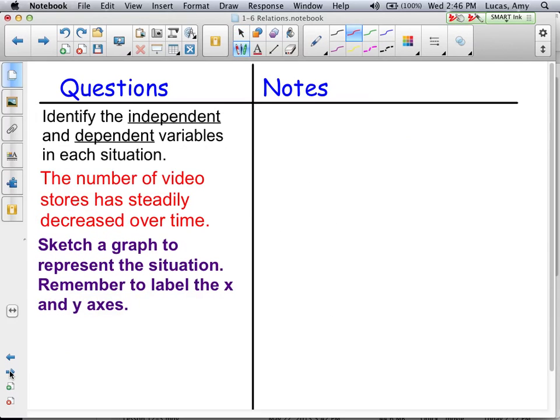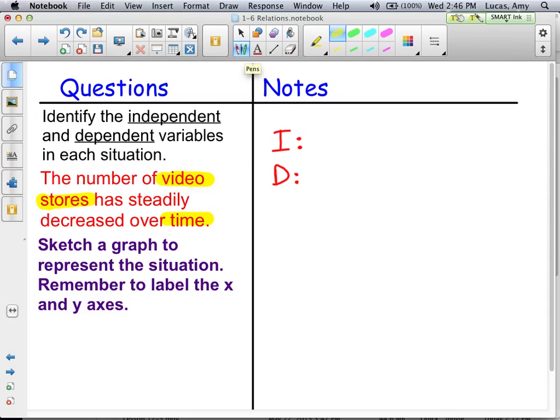Next situation. Identify the independent and dependent variables again. The number of video stores has steadily decreased over time. The two things that we're talking about are the number of video stores and time.